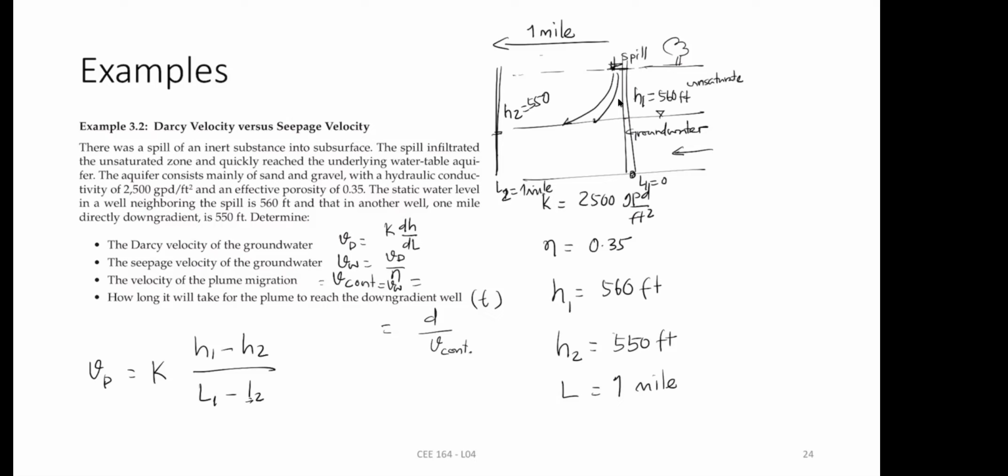So if I write this one, K is 2500 gallon per day per square foot, times H1 minus H2, so H1 is 560 minus 550, divided by L1 minus L2. So let's see. There is a negative term now, so I see why it is happening.